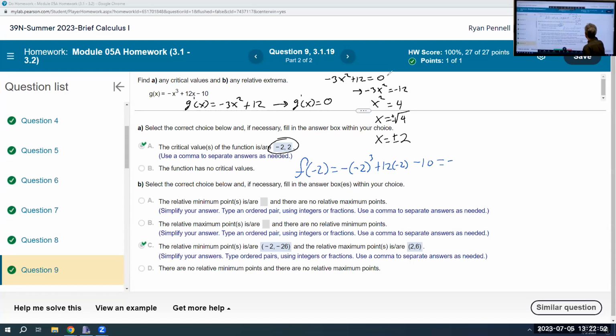Looks like I got negative 26 for my numbers. And then also plug in your other value. For me, it was positive 2. With my numbers, I get 6. That is the idea.